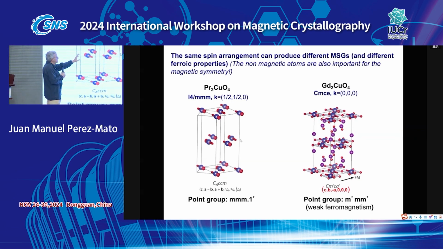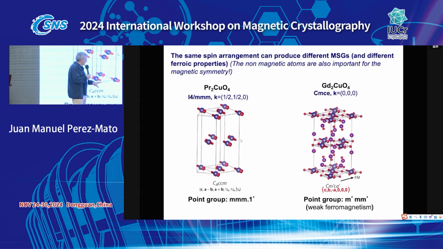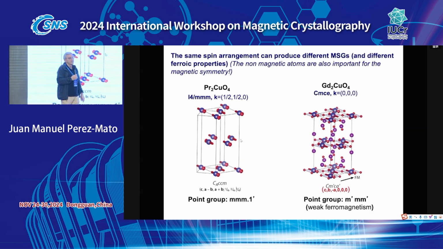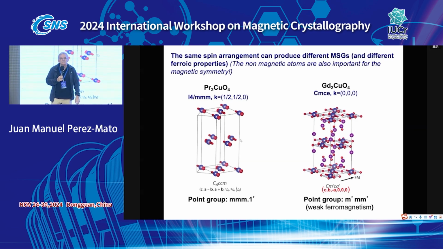And this other one, which has exactly the same spin arrangement, it is of type 4, and in fact the point group is for type 4. I didn't stress it, but for all type 4 magnetic space groups, the point groups are gray. And if they are gray, it means that they cannot have anything which is not allowed also in a paramagnetic structure, okay? Because gray point groups are the point groups that have also paramagnetic phases.